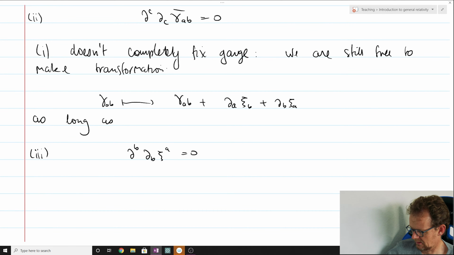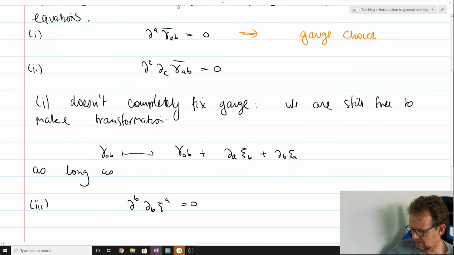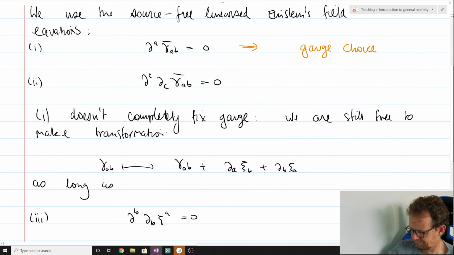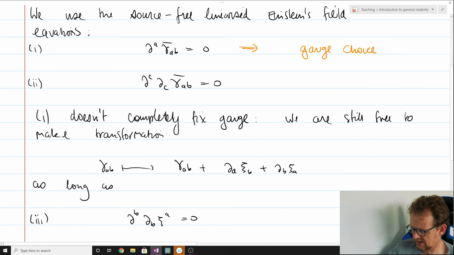Then we still have a little bit more gauge freedom left, and we can exploit that to simplify things in a moment. You'll see that the gauge transformation determined by equation 3 doesn't affect the gauge choice specified by equation 1.